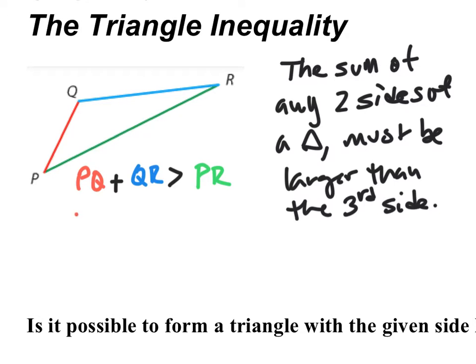But what I would want to say is something like this. Let's say that PQ plus PR, if I took these two sides and added them together, then they have to be larger than the third side, QR.